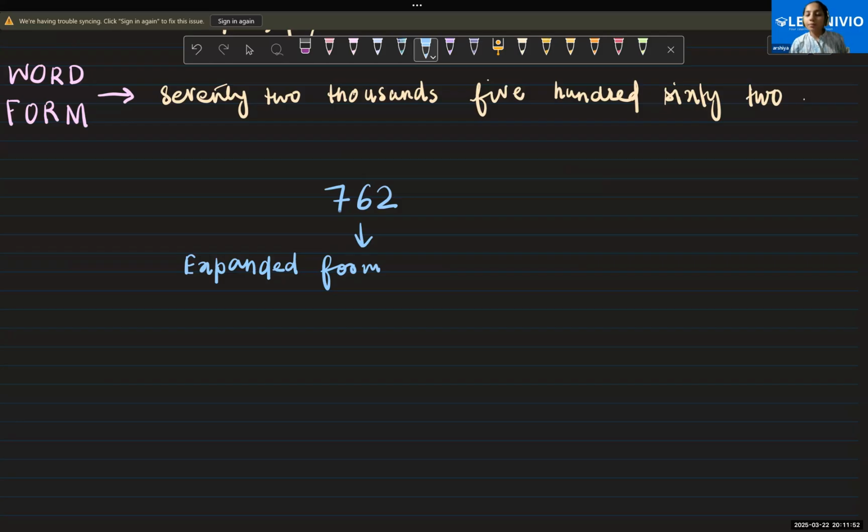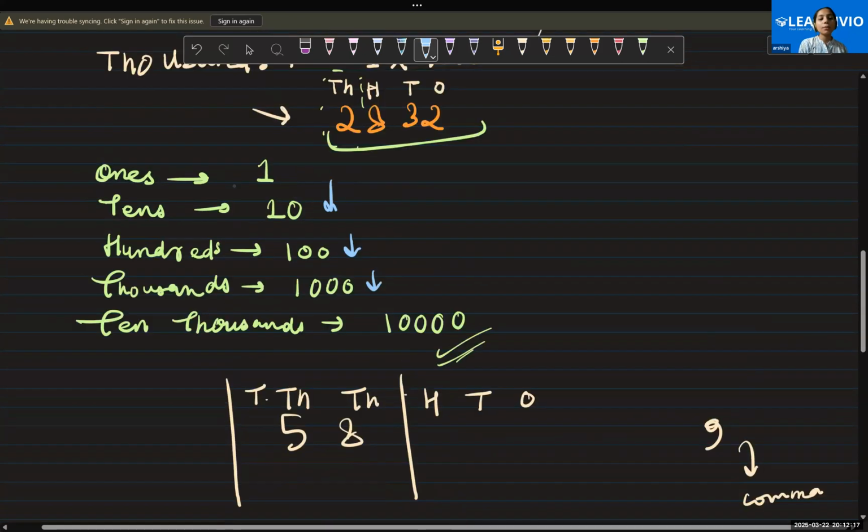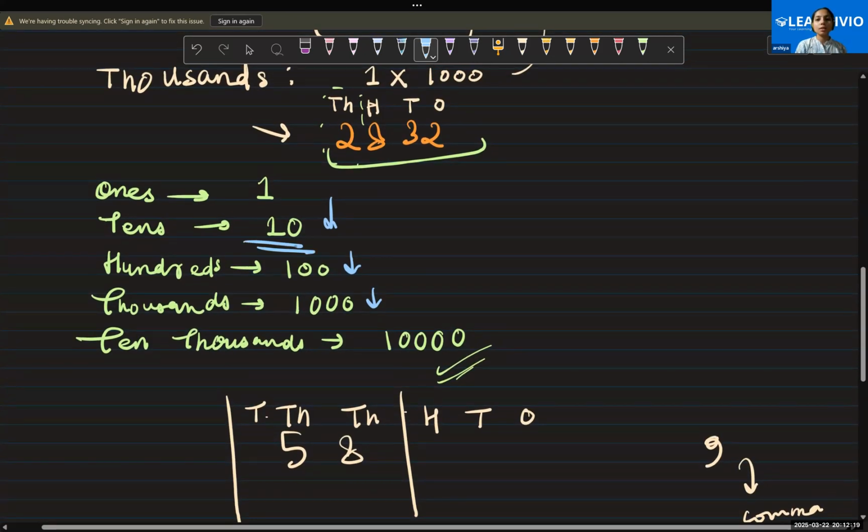Correct, 700. But how do I write it? When you say the word, you say 762, so I will write it as 700 plus 62. Now, how do I break down 62 as well? 60 is in the tens place. The numbers in the tens place have how many zeros? 1, right?